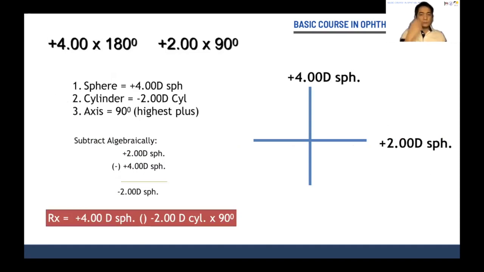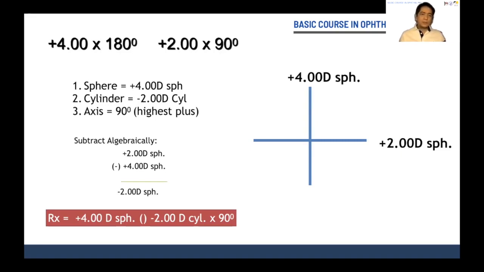All right, so let's make it a lot clearer by writing the powers into the power cross. So you have here plus 4 at axis 180 and plus 2 axis 90. You write plus 4 since the axis is 180th, that is the flat meridian. The power is located vertically, or at 90.